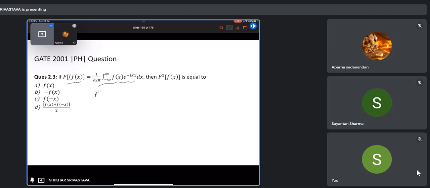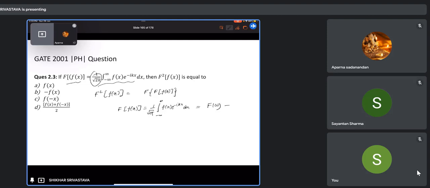We can write this in this form: the Fourier transform of f of x. And let us say that this Fourier transform of f of x, where they have given this constant term, f of x exponential minus ikx dx, is given by f of omega.